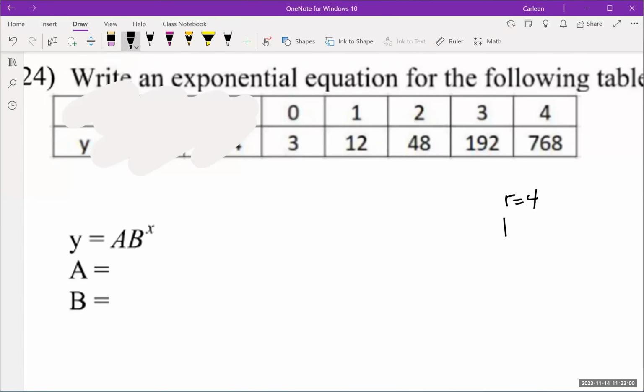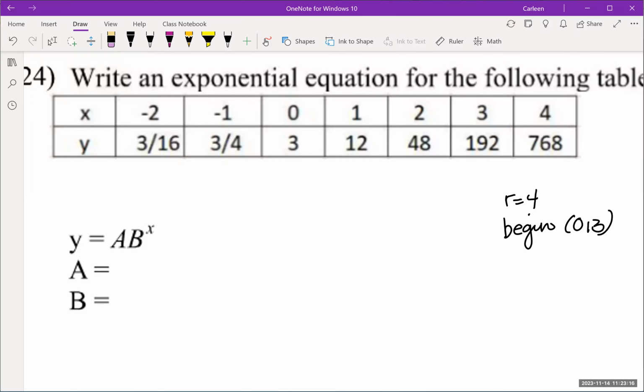And where does it begin? Okay, it begins at 0, 3. So everyone sees it begins at 0, 3 and multiplies by 4. What if I go backwards? What's happening? If going to the right is multiplying by 4, going to the left is dividing by 4.